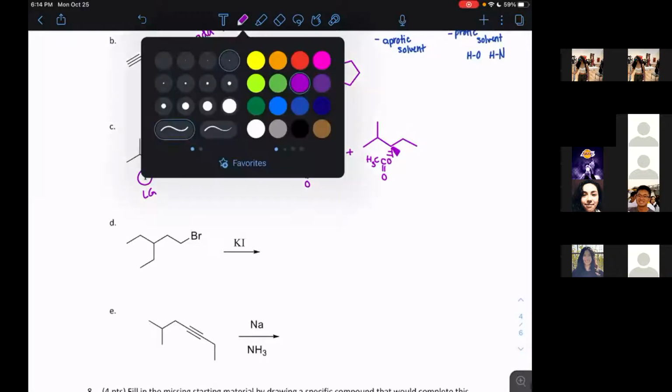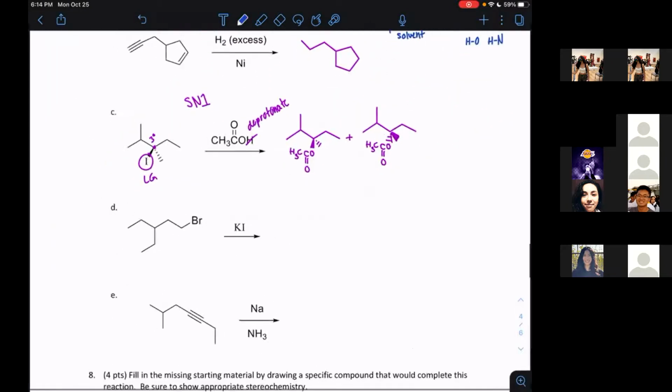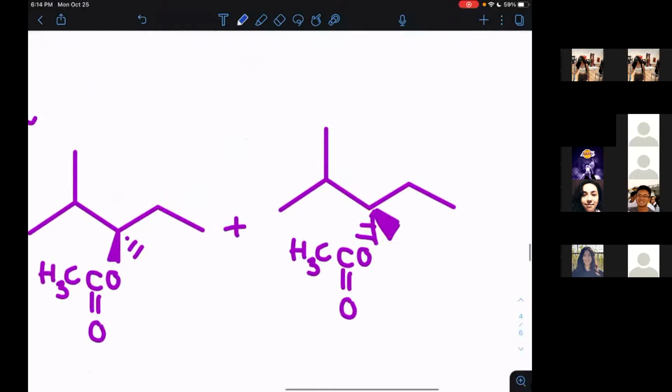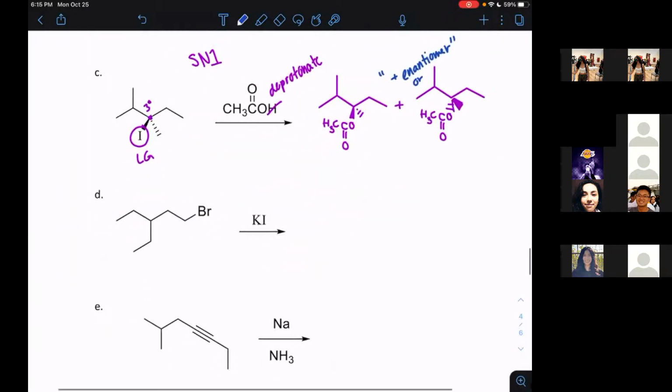Or you could also just write plus enantiomer if you need to. Yeah, you could just put plus enantiomer. Okay, cool, so that's that one.